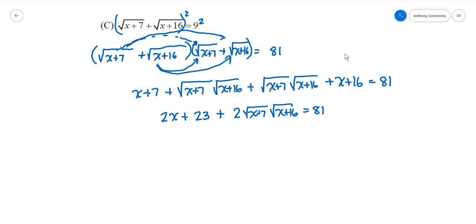So I'm going to subtract 2x from both sides and subtract 23 from both sides. So I'm going to have 2 times the square root of x plus 7, square root of x plus 16, equaling negative 2x plus 58.